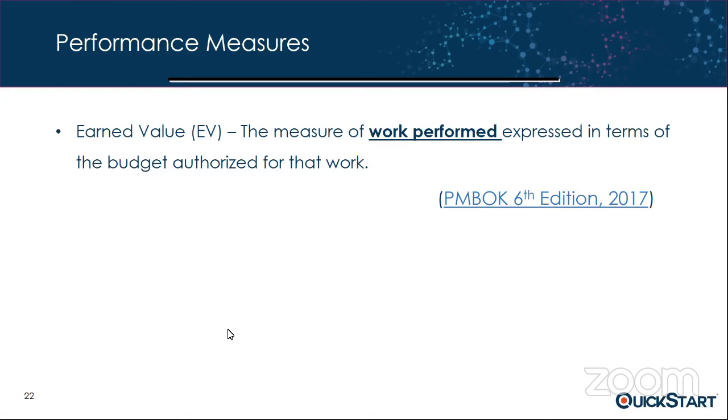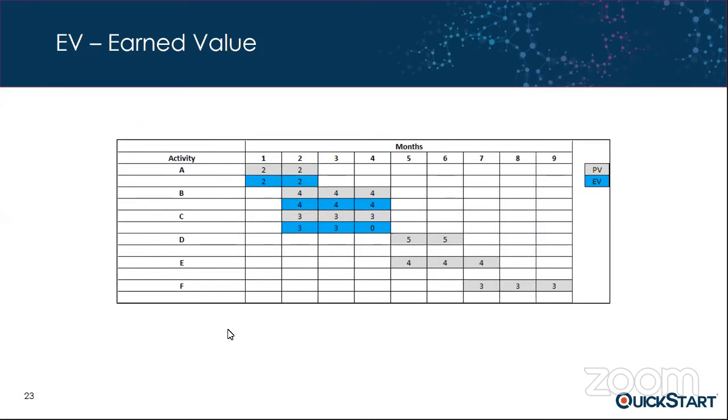And I know these are words, and sometimes words are hard to get in your head, but this is the value or the cost for the work that you've actually completed. So if we move forward, again, a picture's worth 1,000 words, and once I show how this works, then hopefully it'll make a little bit better sense.